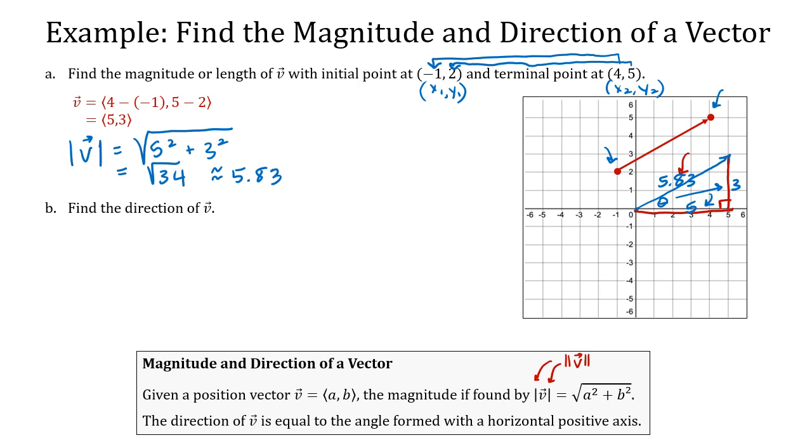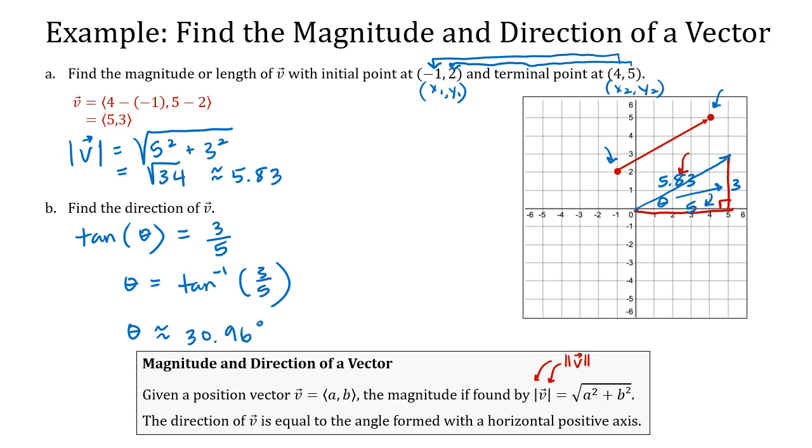So I'm going to say that the tangent of angle theta is equal to the side opposite it, which is 3, over the side adjacent to it. And so theta is going to equal tangent inverse of 3/5. I'm going to use a calculator to say that theta is approximately 30.96 degrees, which from the horizontal positive axis is believable.